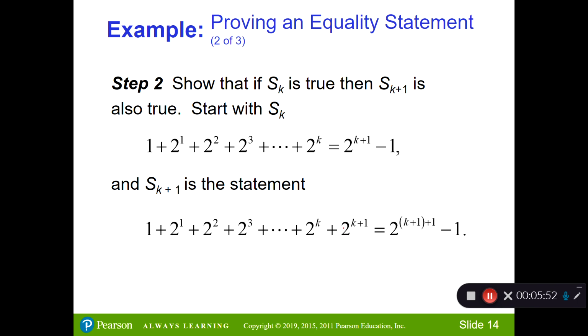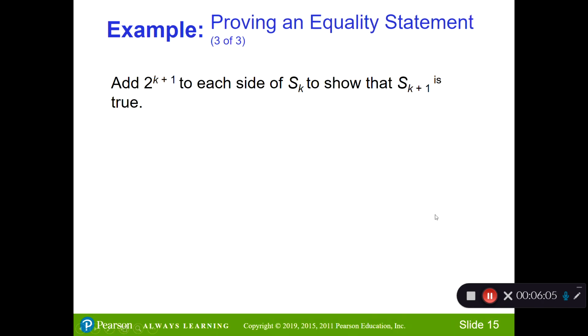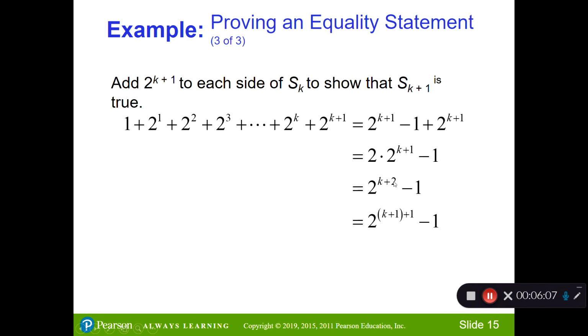Now, I want to show that that's equal to 2 to the k plus 1 minus 1. That would match, right, with just ending in the k plus first value instead. So, we're going to add 2 to the k plus 1 to the one that we assumed was true. We assumed here equals here. So I'm adding this 2 to the k plus 1 term to both sides to maintain equality.